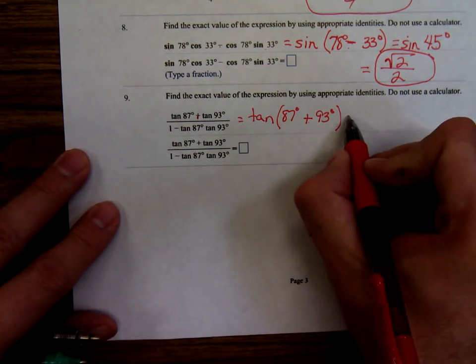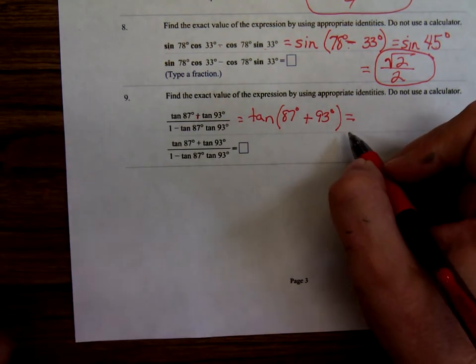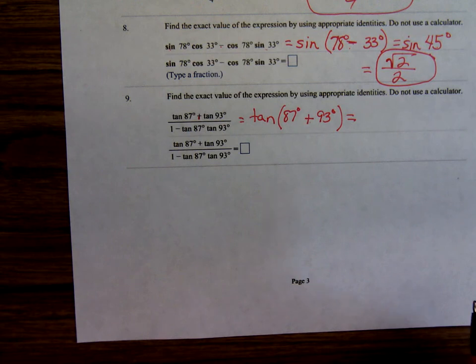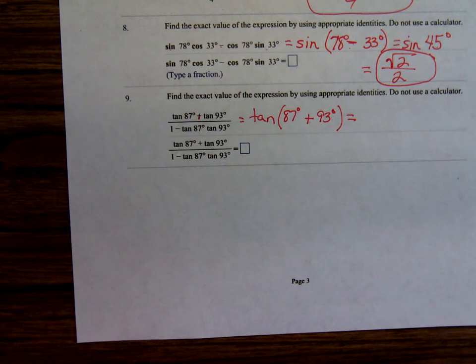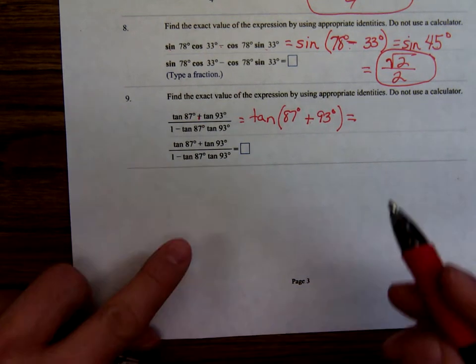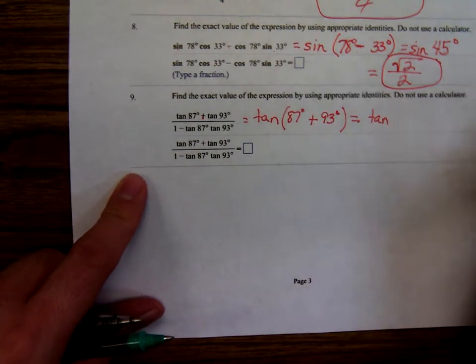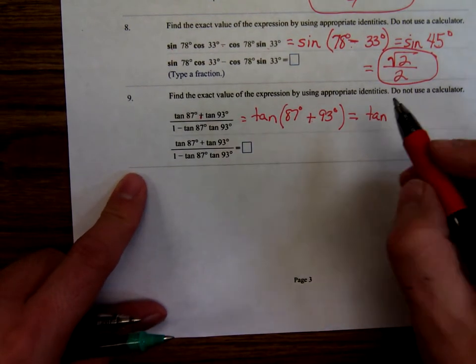In math classes, you do it one way, then you go backwards. In algebra, you learn to FOIL, then you start factoring. Even back in grade school, you multiplied and then you divided. So let's see, adding 87 degrees and 93 degrees. Is that going to give me a special angle on the unit circle?